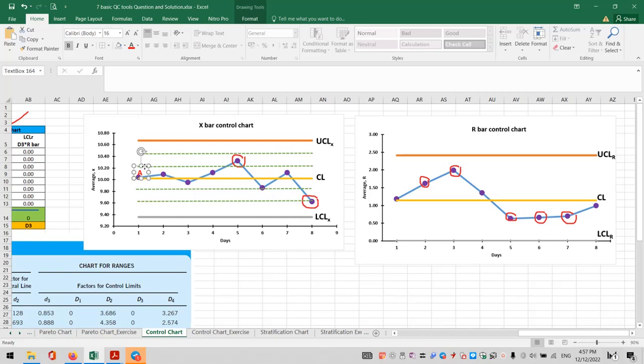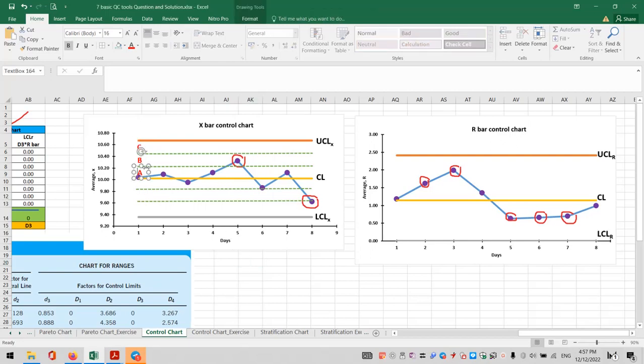A. Ini region B. Lagi. Region C. Okay. ABC.